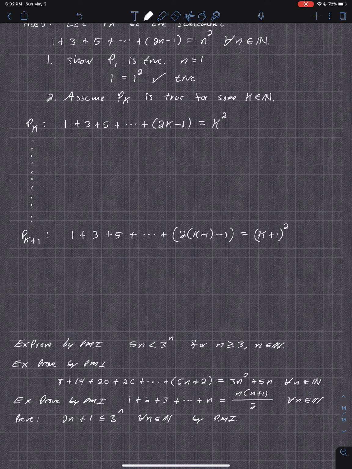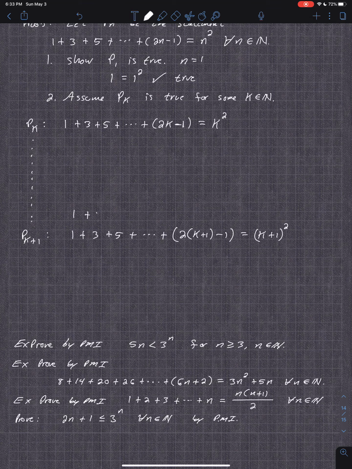You have to get from here all the way up here, do your steps, and end up here. One way to do that is to start working backwards and then connect them. Because right now it's like, what do you do? Well, that's why you can work backwards. So I'm going to do that.